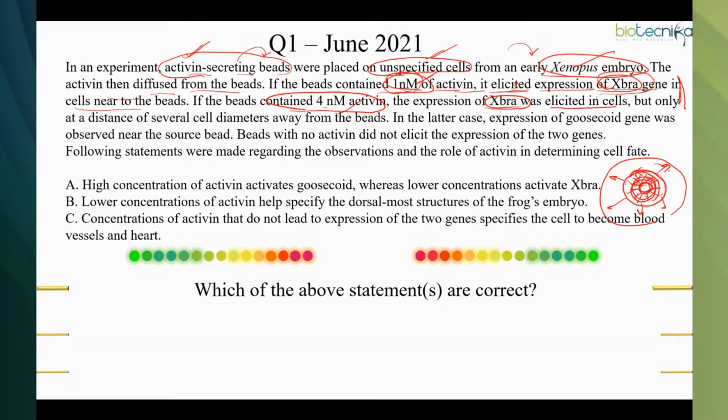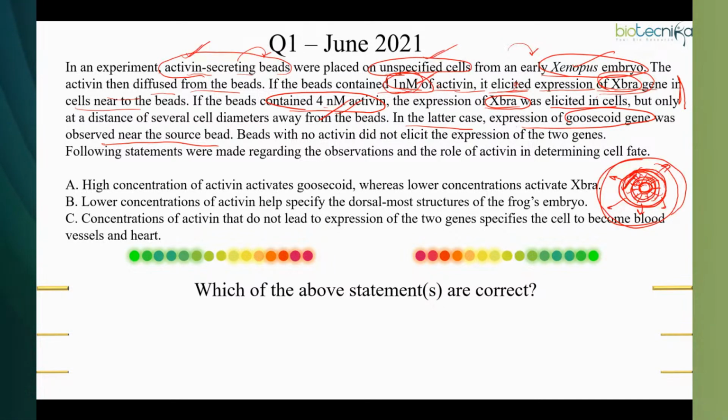Okay, it was seen only at a distance away from the beads. In the latter case, expression of goosecoid was observed near the source bead. In the latter case means where you had more concentration. Near the beads, XBRA couldn't be elicited, but the expression of goosecoid was there.